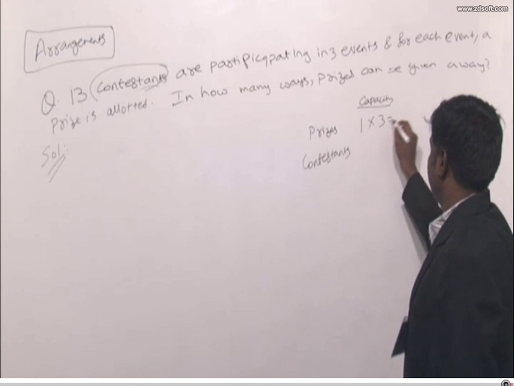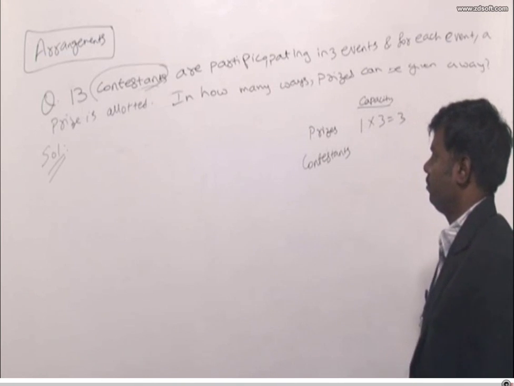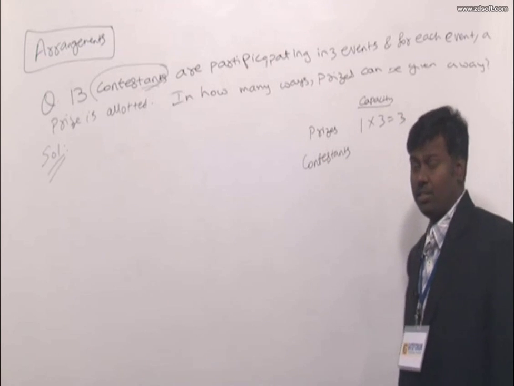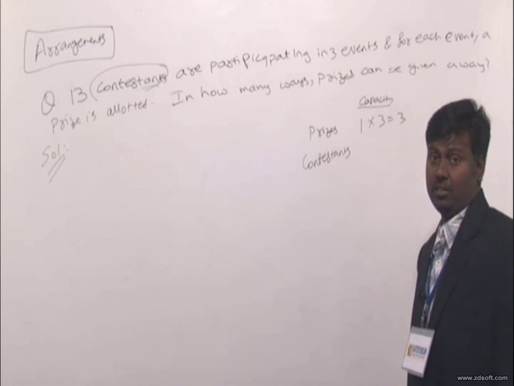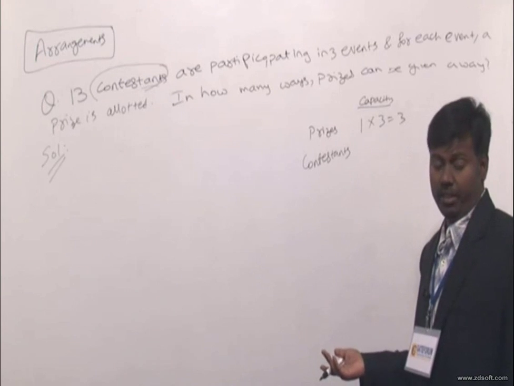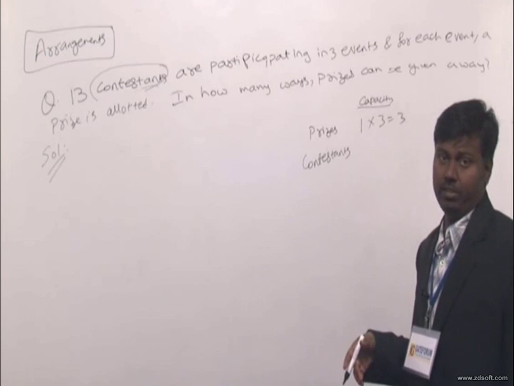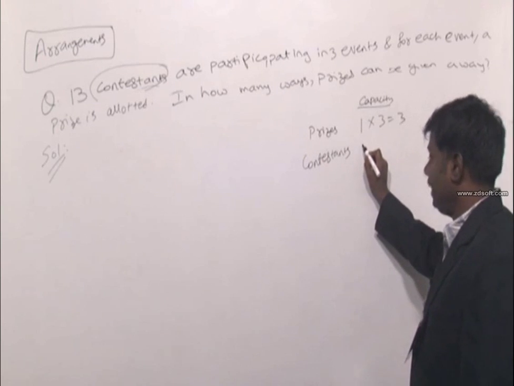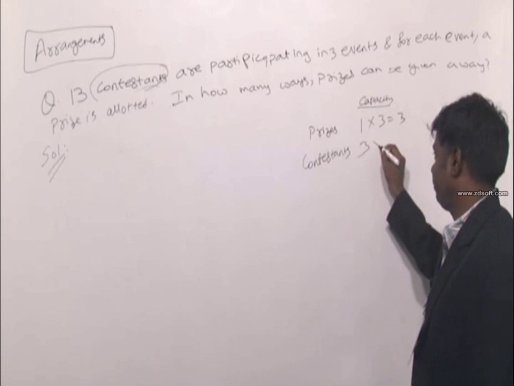So there are 3 prizes. Whereas each contestant can win all 3 prizes, right? First event prize he or she can win. Second event prize he or she can win. Third event prize also he or she can win. So individual capacity is 3.